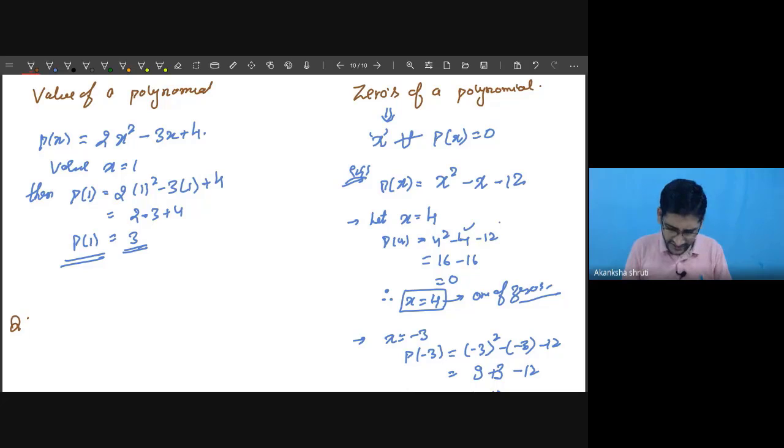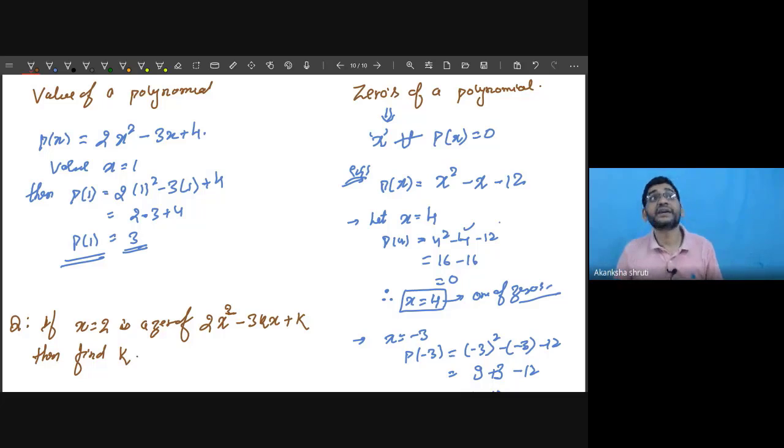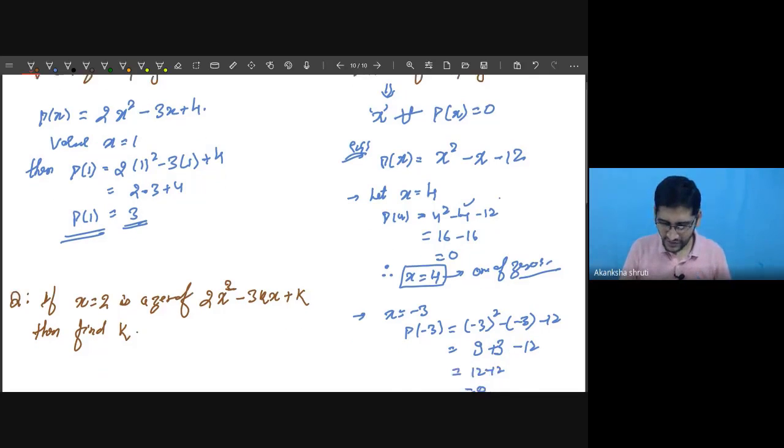Let us take a simple one: 2x square minus 3kx plus k, then find k. That k we want to calculate, if it is given that x equals 2 is a zero.